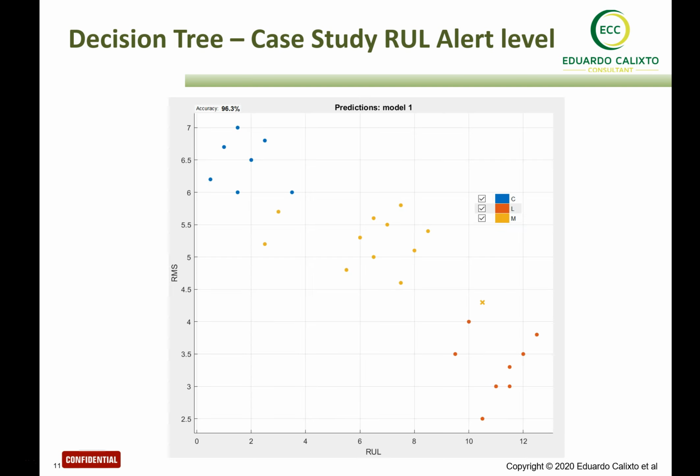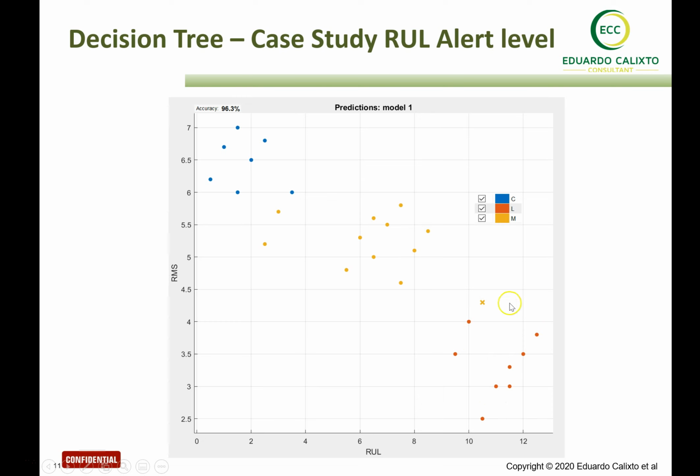That is the representation of the data, all these three pumps at different levels of alarm. Those are the levels of remaining useful life and RMS vibration that are moderate in orange. Here the catastrophic is represented in blue, and the critical in red.